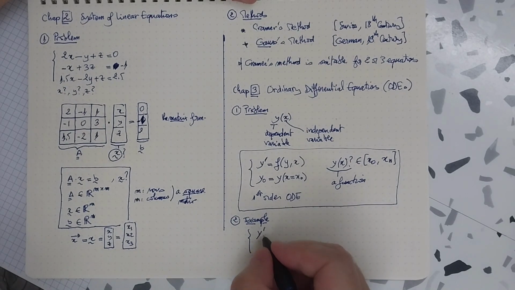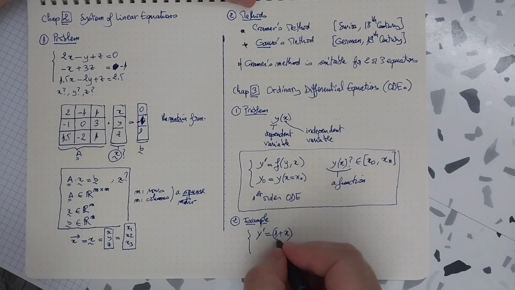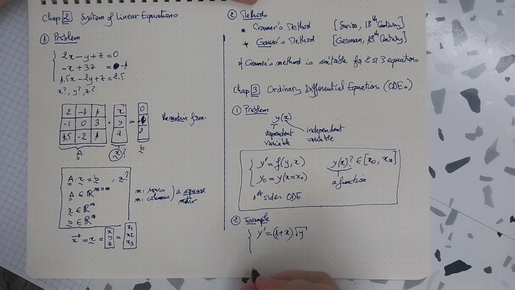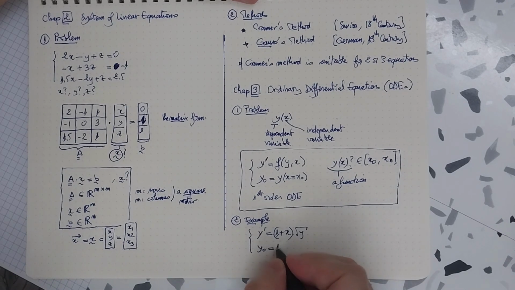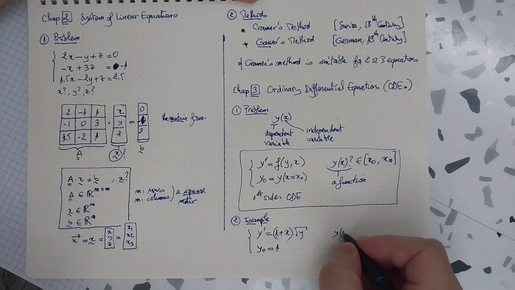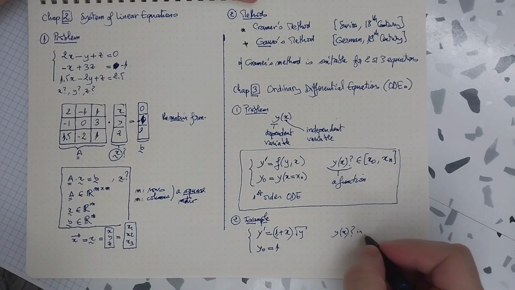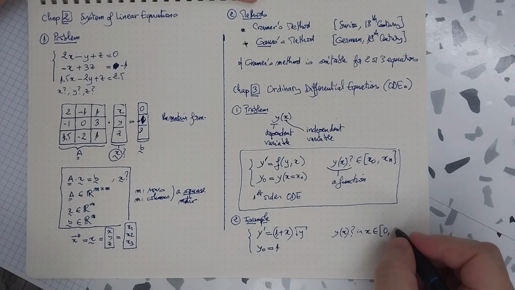Y prime equal 1 plus x square root y. And we give the initial condition y0 equal 1. Find y(x) in the interval x belonging to 0 till 0.5.